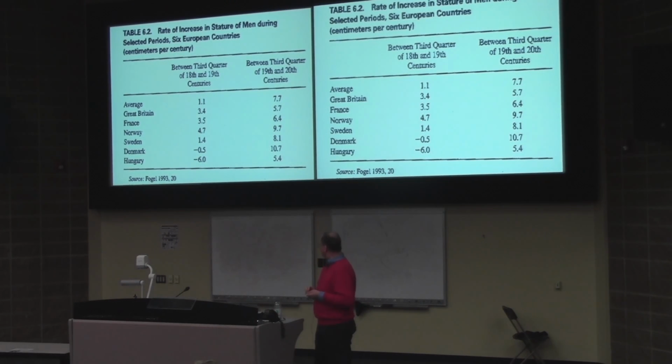Not a lot of growth in stature between the 18th and 19th centuries, but from the 19th to the 20th centuries, people got a lot taller. You would know this if you think of your parents, grandparents, great-grandparents, if you know their stature. In fact, they were not nearly as tall as you are on average.